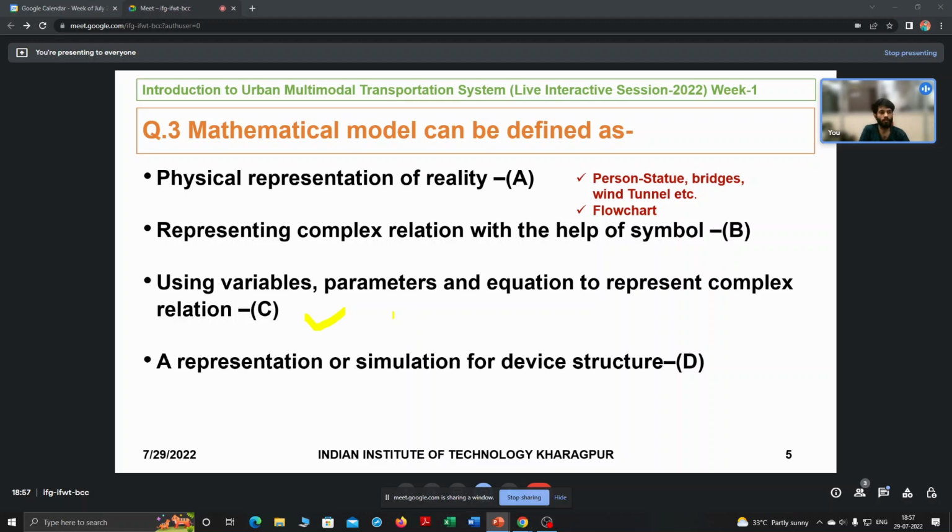The speed of a vehicle depends not only on the vehicle's power-to-weight ratio, but also on the road geometric facilities provided on the road, right? So then you have two variables, x1 and x2. x1 is your vehicle characteristics, x2 is your road characteristics, and y is your speed, right?